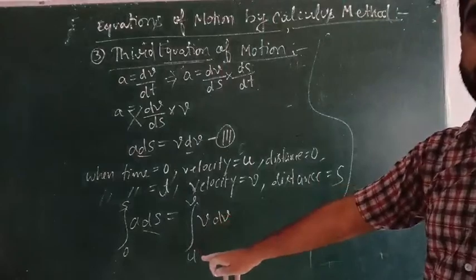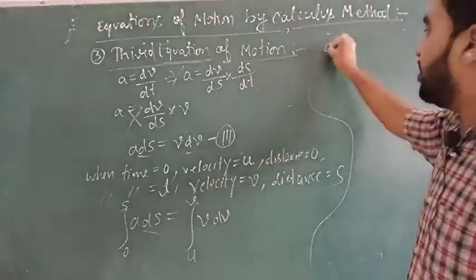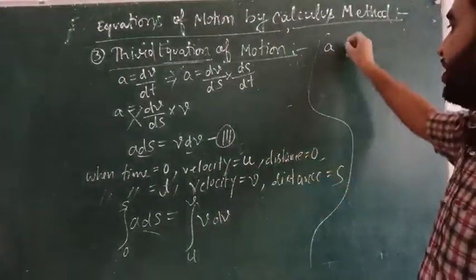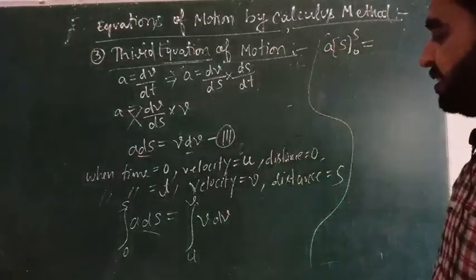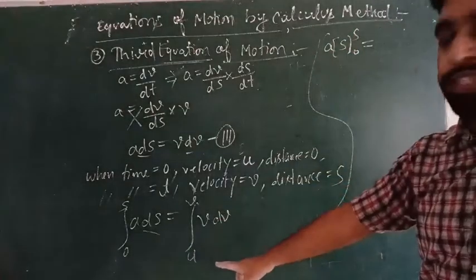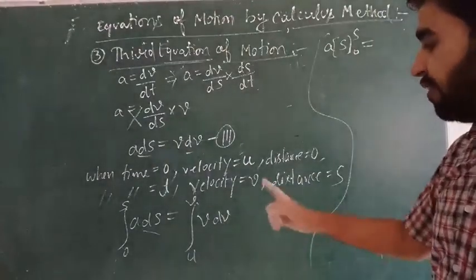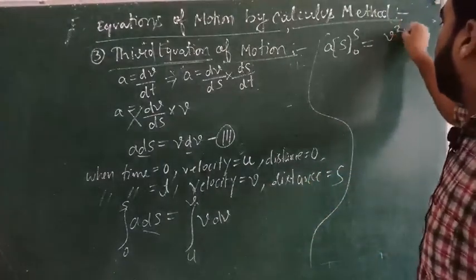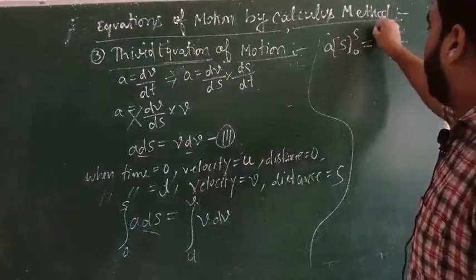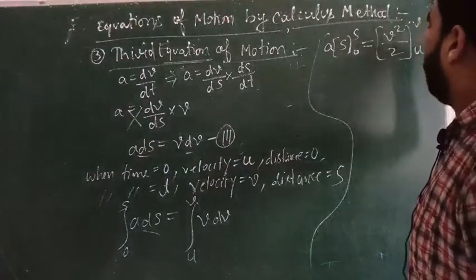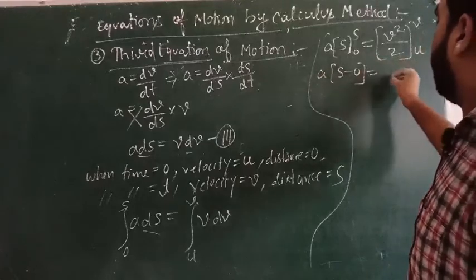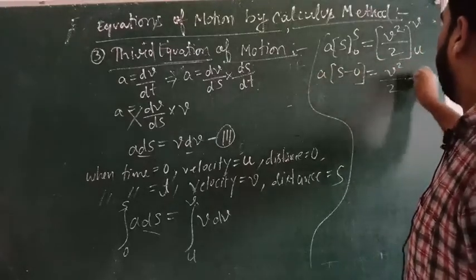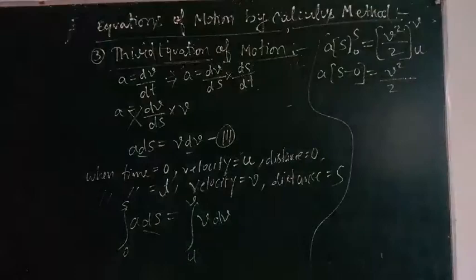Acceleration is constant, so it will be treated as constant. Outside the bracket, integration of ds is s. Limits still we have to write 0 to s, is equal to, what will be the integration of v? Integration of v will be v square upon 2, from u to v. So a in bracket s minus 0 is equal to v square upon 2 minus u square upon 2, upper limit minus lower limit.